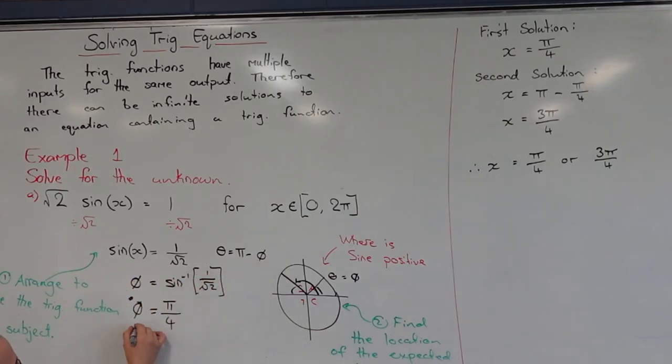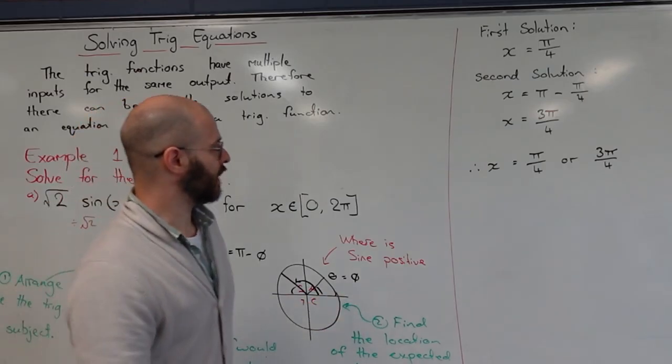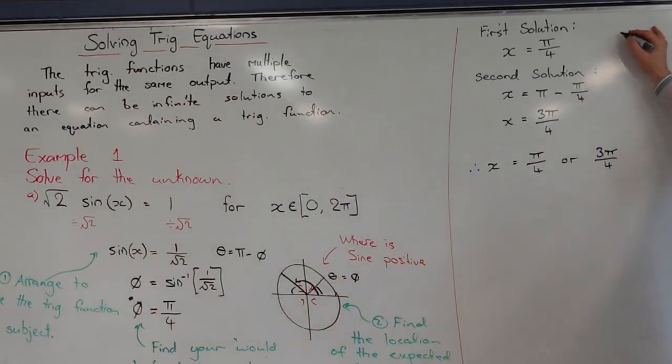Step 3, find your interior angle. The interior angle phi is always what you would get out of the first quadrant. And then step 4, find your solutions. And check domain.